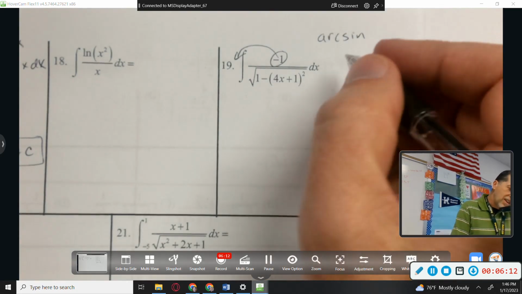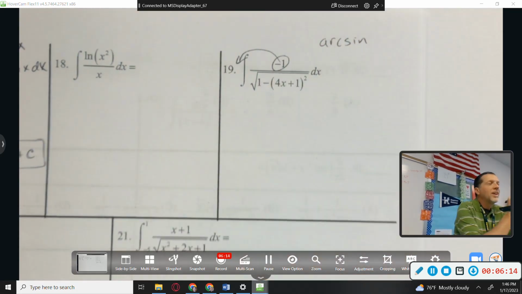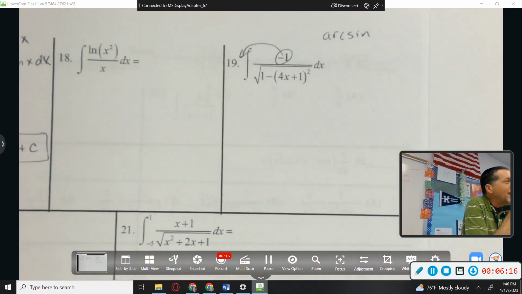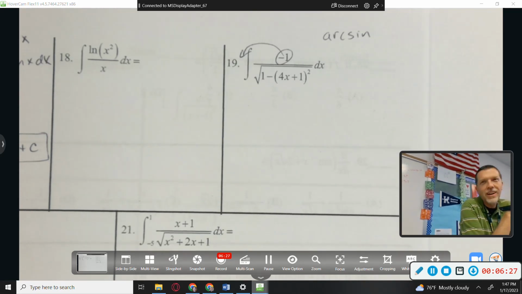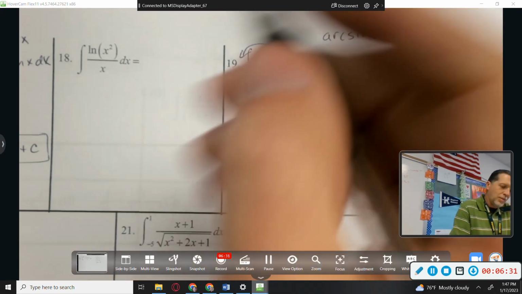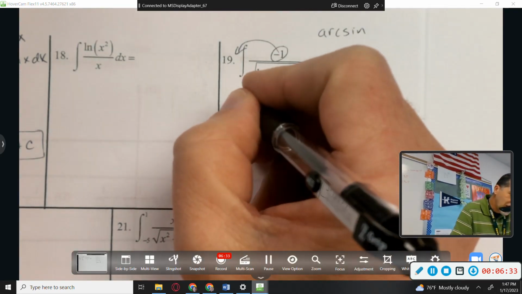Okay, so the negative sign, you're right. It could be arc cosine, but we don't worry about arc cosine because all we have to do is put the negative sign out front. So you're right. It does look like arc cosine because it's negative, but rather than deal with that, put the negative out front and be done with it.